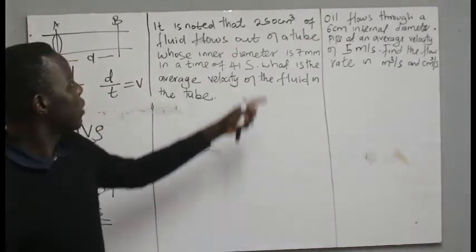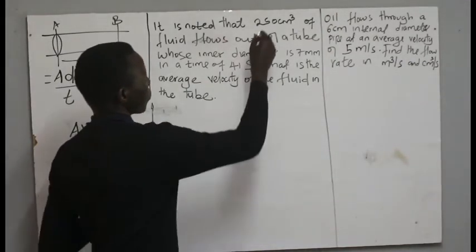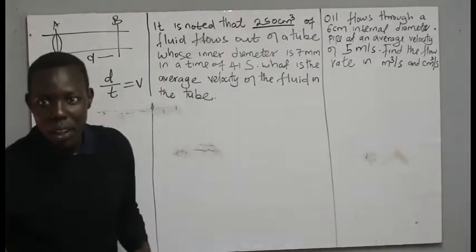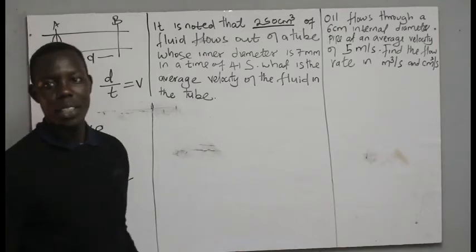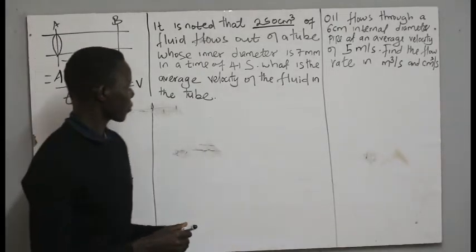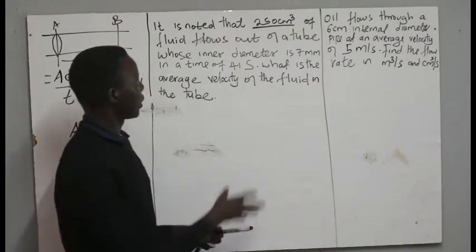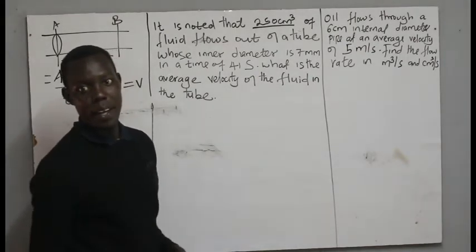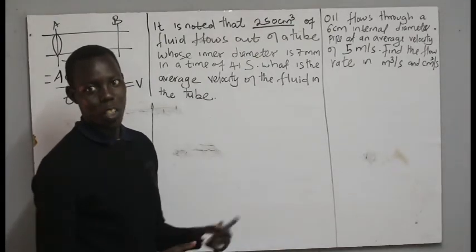Can we proceed when it is in centimeters cubed? Or we can convert it to meters cubed? Either can do, but let's convert the volume into meters cubed. Most of you don't know how to convert it, but it's very simple.